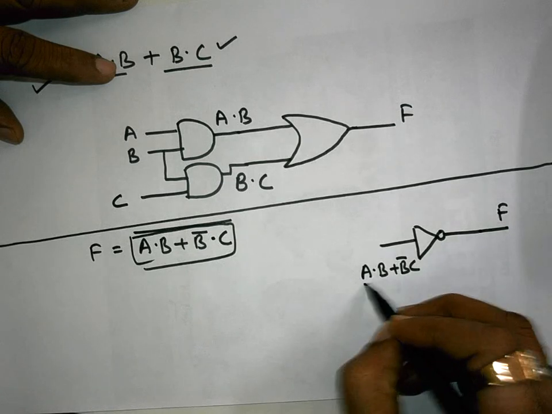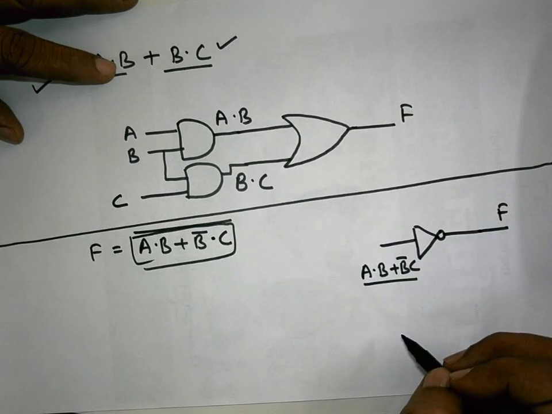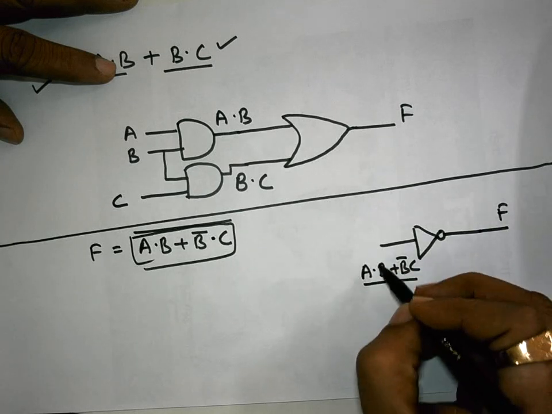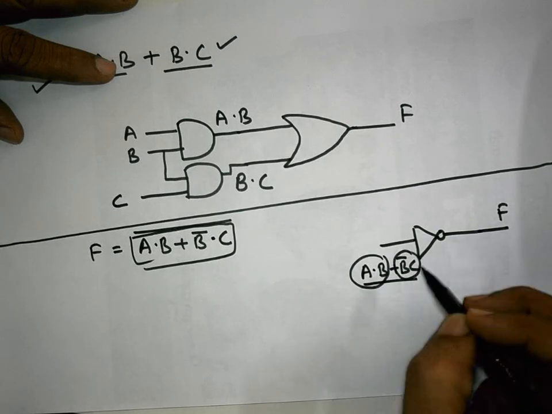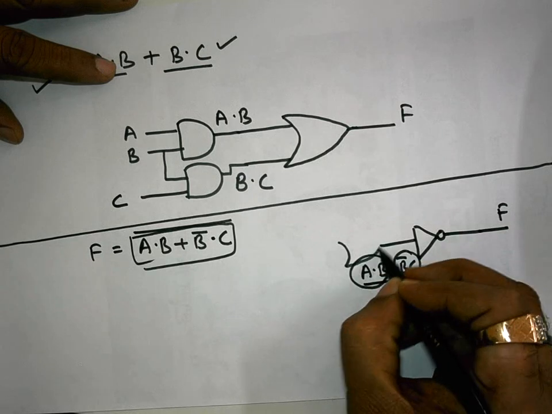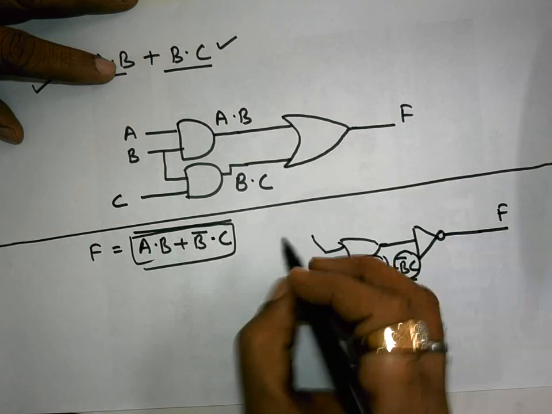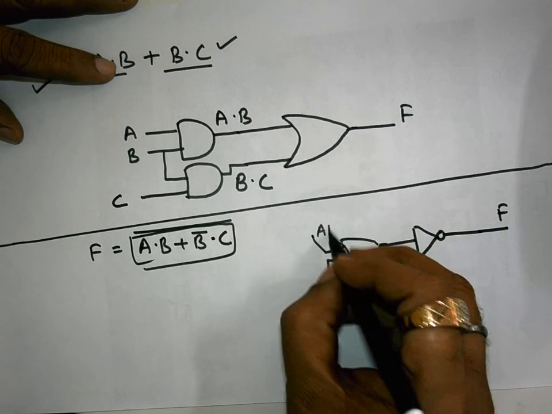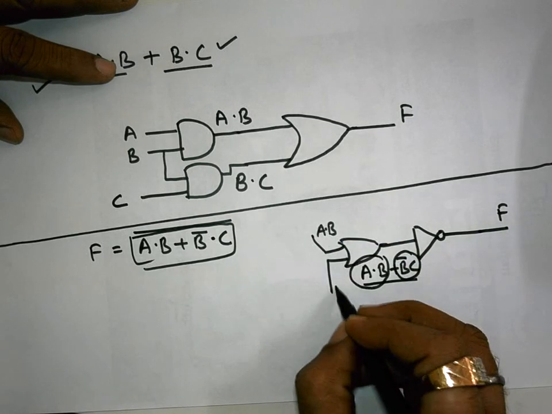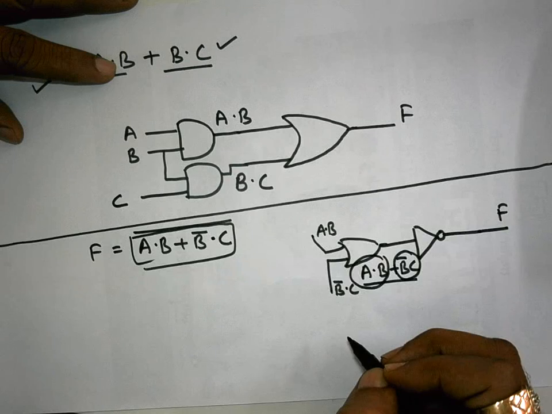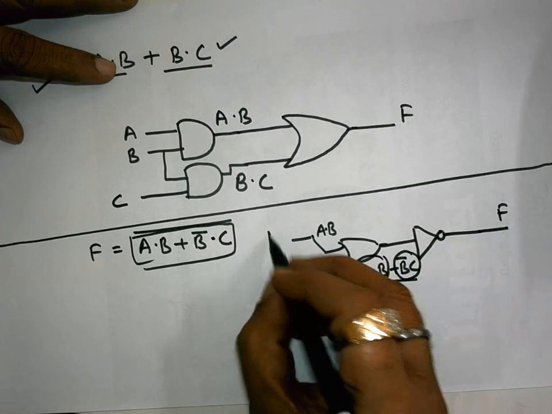But here, our expression says that it is the addition of two terms. So naturally, here we have to apply an OR gate. Here we are getting A dot B, and here we are getting B bar dot C. Naturally, this is the job of an AND gate.